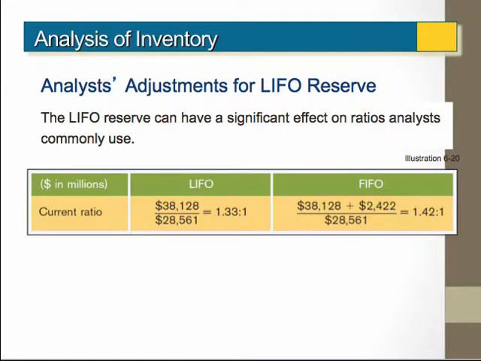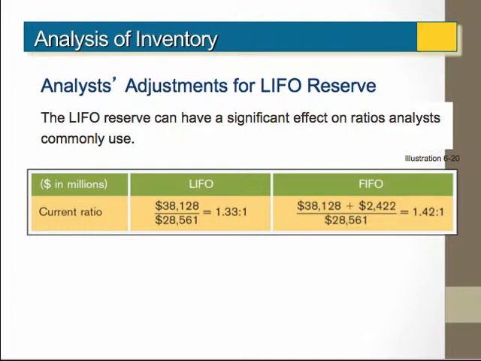Here is an example of what LIFO could do to the current ratio of a company if they were using LIFO instead of FIFO. If the current assets were 38,128 and the current liabilities were 28,561, the current ratio will be 1.33 to 1.